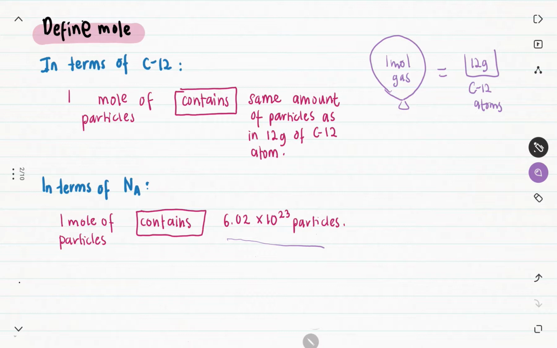So therefore we know that 12 gram of carbon-12 atom will contain 6.02 times 10 to the power of 23 carbon-12 atoms.